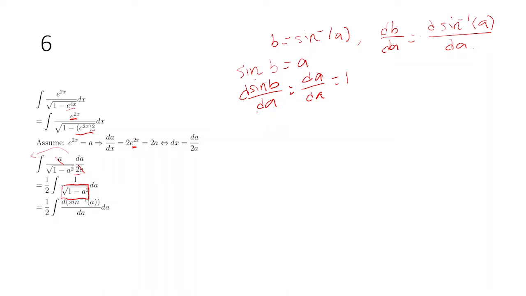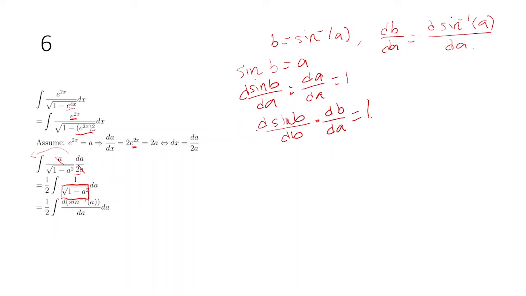Notice that it's hard to do it like this, so let's just do it by the chain rule. The derivative of sine b with respect to b multiplied by the derivative of b with respect to a is equal to 1.